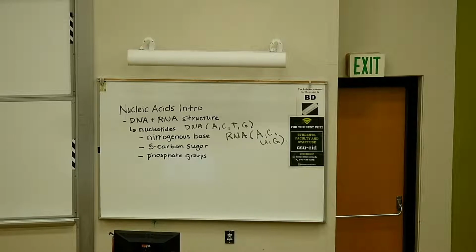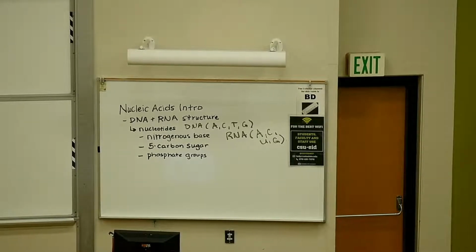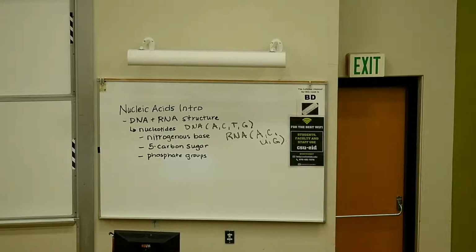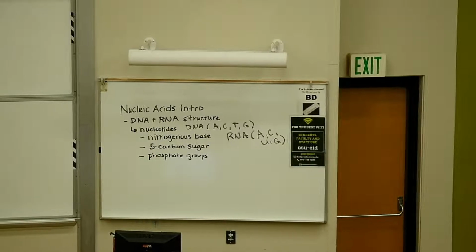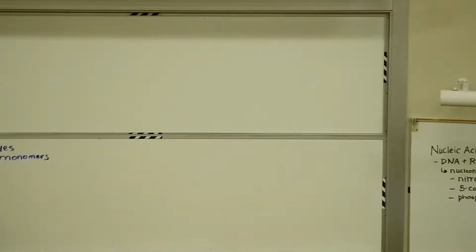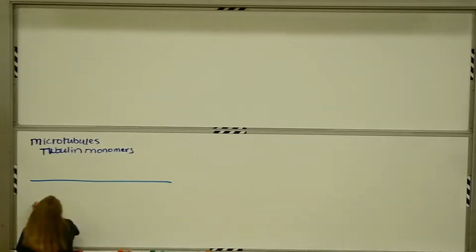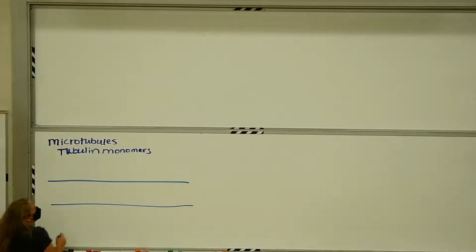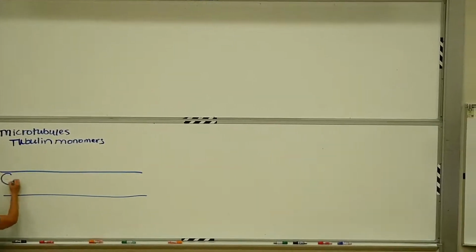Okay, of course. All right, so microtubules made up of our dynein, I'm sorry, it is late, tubulin monomers. So here's our microtubule. I'm not going to draw in all of these tubulin.